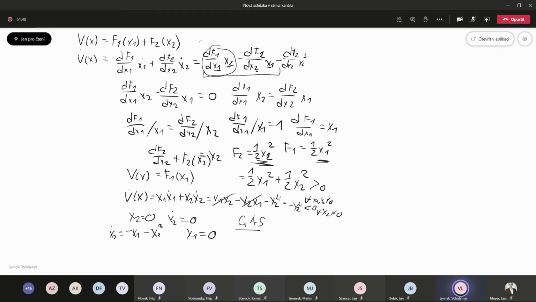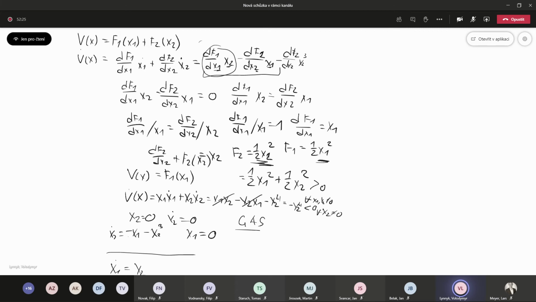Let me repeat the example here: x1 dot equal to x2 and x2 dot equal to minus x1 cubed minus x2.